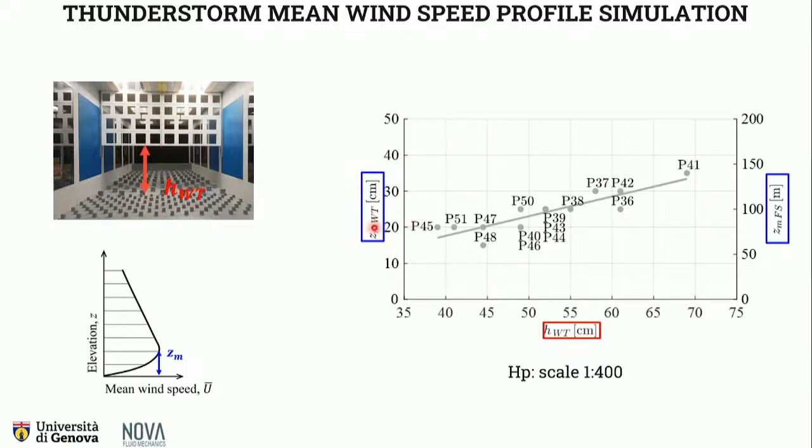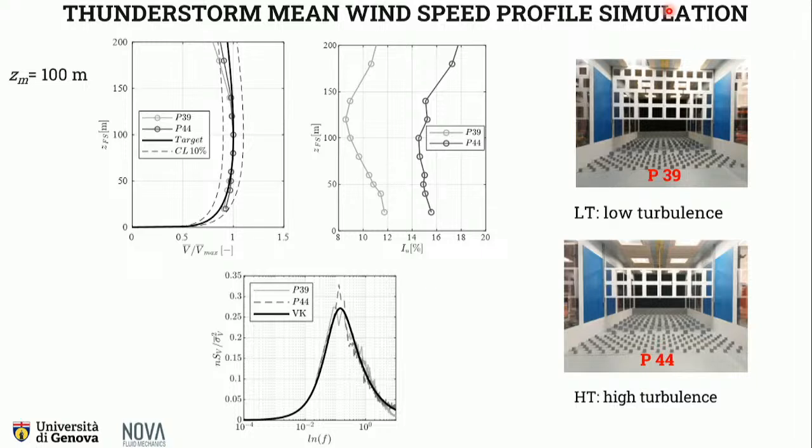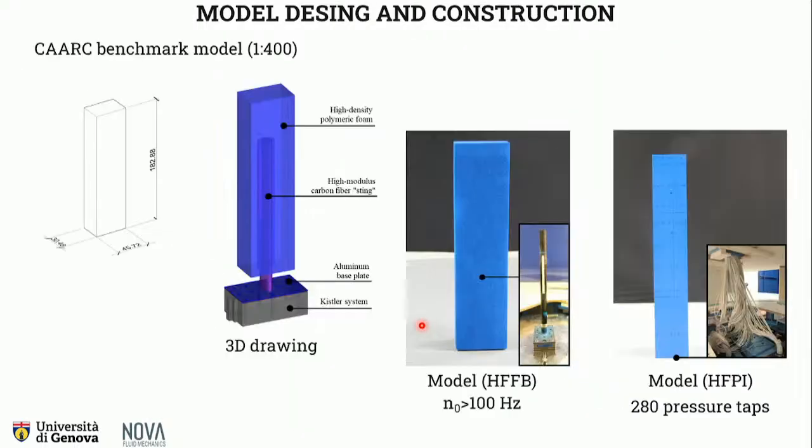This figure shows the height of the nose as a function of that distance, and we can see that we were able to achieve heights of the nose in full scale in the range between 50 and 150 meters. Just as an example, here we can see the profiles that we obtain for a height of the nose of 100 meters in terms of velocity and turbulence intensity. And this picture shows that the power spectral density functions of turbulent fluctuations fit well the von Karman spectrum.